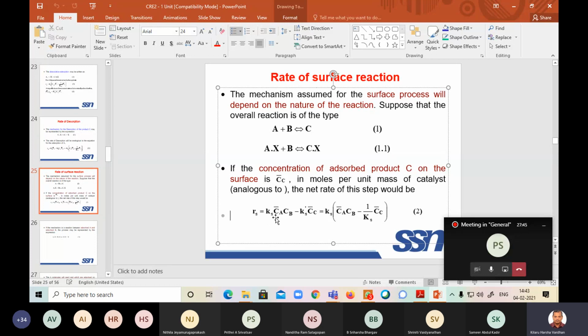If you take Ks star common, Ks into CA CB, then K star by Ks is 1 by Ks, which you can write as capital K. So Ca bar Cb bar minus Cc bar, divided by K. Here, how to remember is, when writing the expressions, the first term is the reactants, minus the second term which is the product, divided by the equilibrium coefficient.